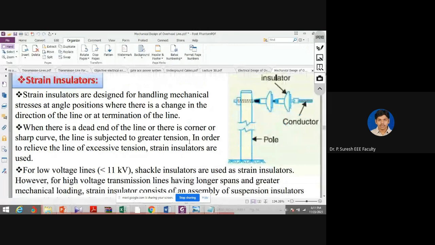What is the purpose of the shackle? It is an insulator used to change the direction of the line. Generally, all the streets are not in parallel. So suppose we need to turn the transmission line by 45 degrees, 60 degrees, like that. We need to change the direction of the transmission line.